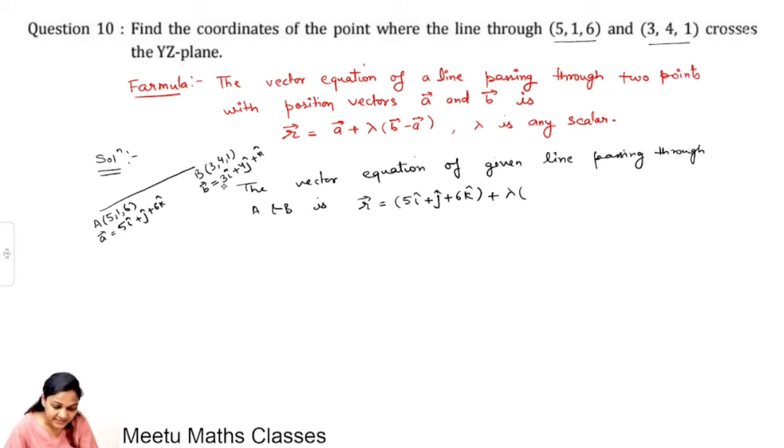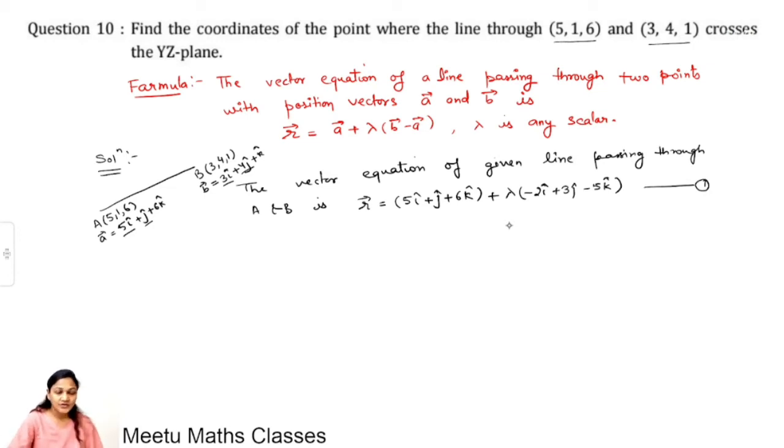B minus A is 3i minus 5i is minus 2i, 4j minus j is 3j, and k minus 6k is minus 5k. So this is your given line, the equation of the given line.